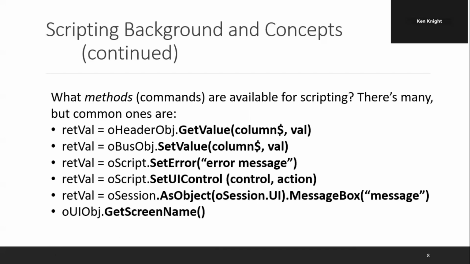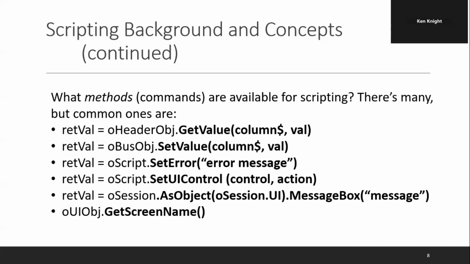You can get the screen name. Again, this is through the user interface object. The system knows what screen you're in, whether it is sales order entry or sales order invoice data entry. I utilized this recently for a client who wanted a script to fire when the sales order was updated.